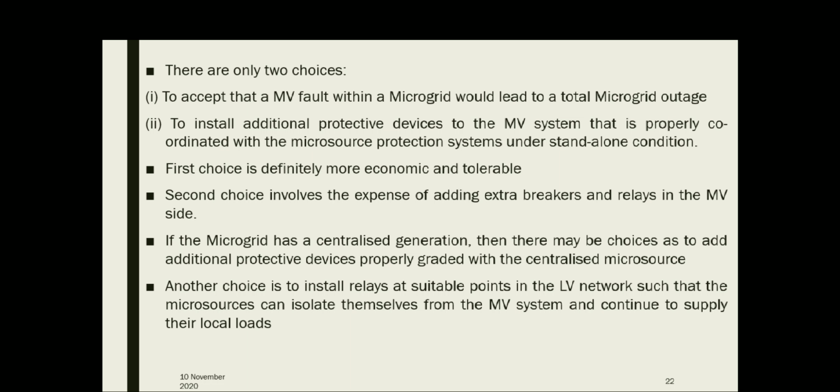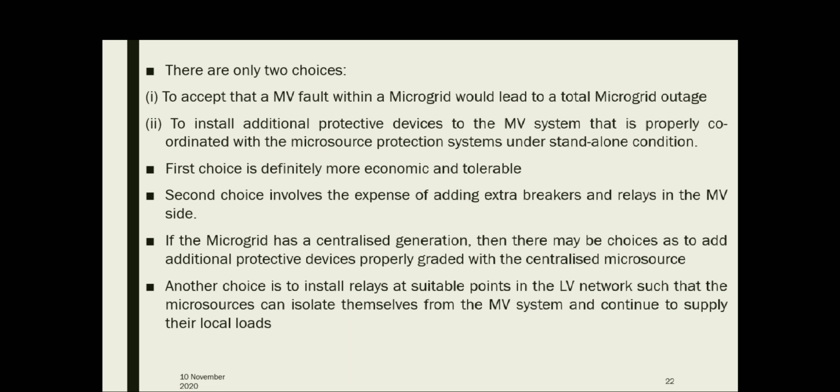The first choice is to use a fault level the same as that of the grid connected mode. That means whenever the grid is under a faulty condition, the microgrid also will be completely in outage, and we cannot utilize the microgrid. In that way, it is not efficient. The second is that we can design a separate protective system for the microgrid in order to protect the microsource under the standalone condition.